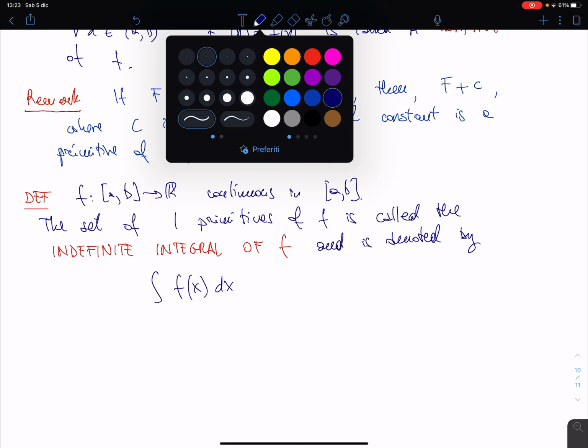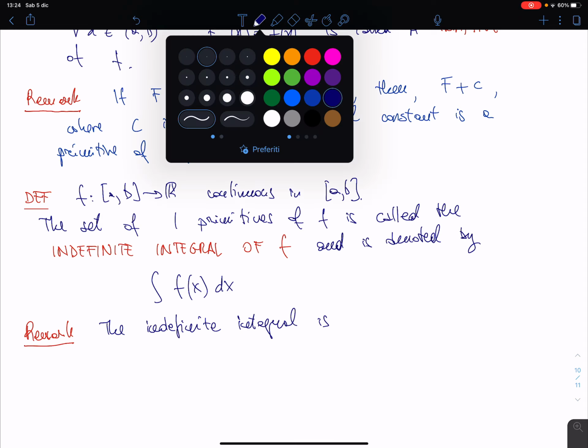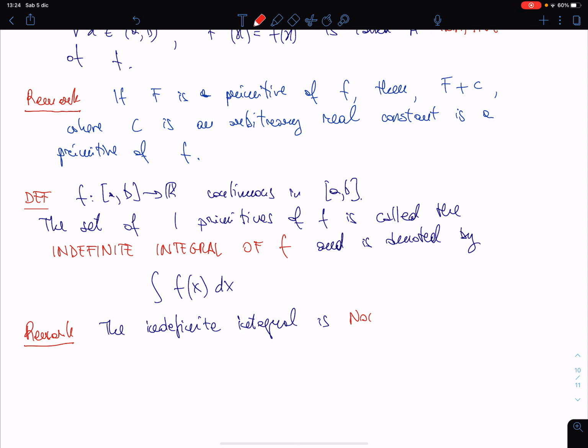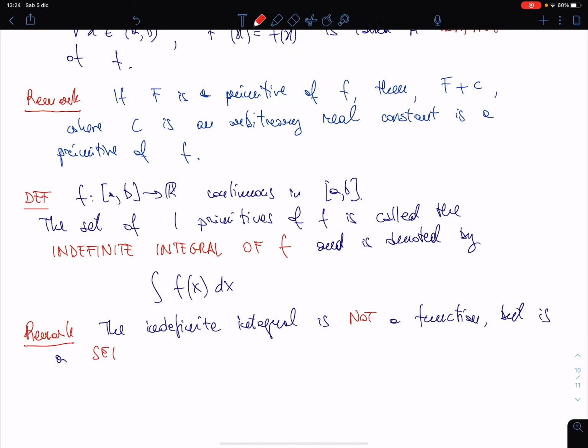The indefinite integral is not a function, but it is a set of functions. This is the first point.